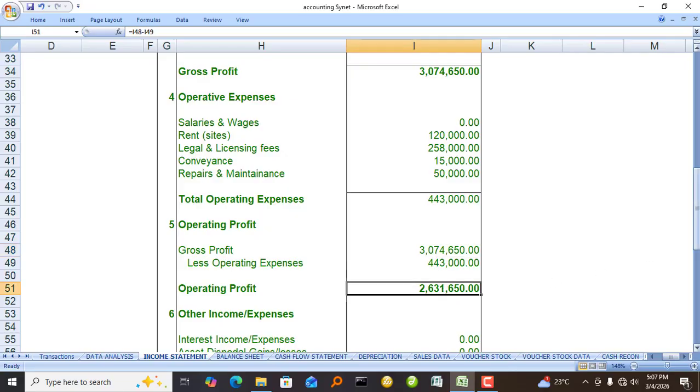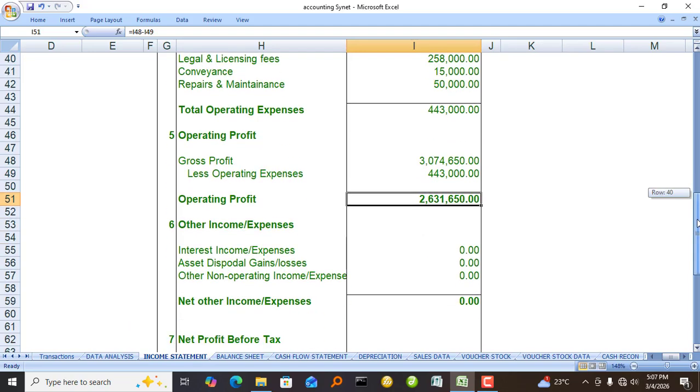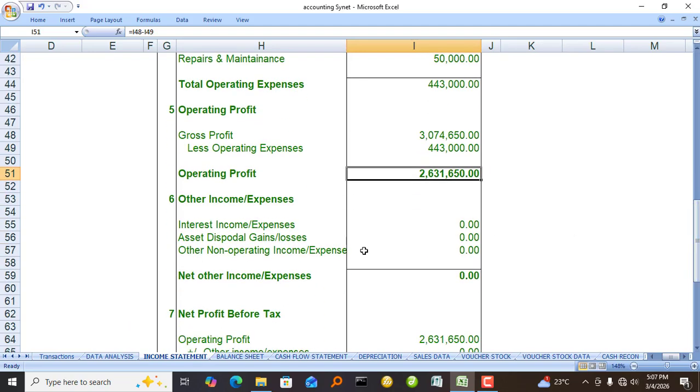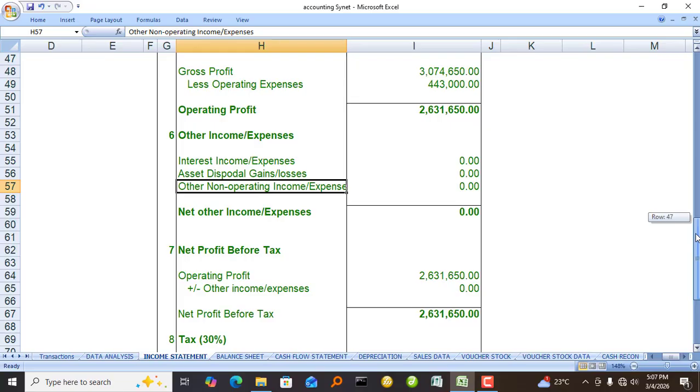And we get this 2,631,000. Interest income or other expenses and incomes would have gone here, but I don't have them, so they are not there. They are not here as a business.